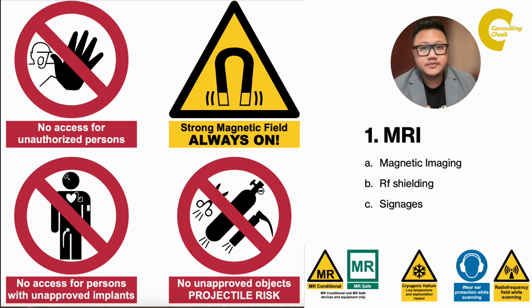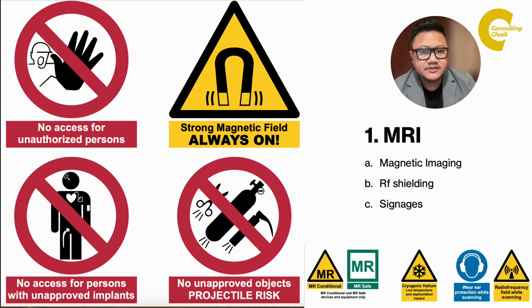So MRI uses high magnetic field and radio waves to create images. MRI is very good to see tissue level images, and unlike X-ray, you're using RF shielding there. For X-ray and radiation, what we do we will cover in the next slide.